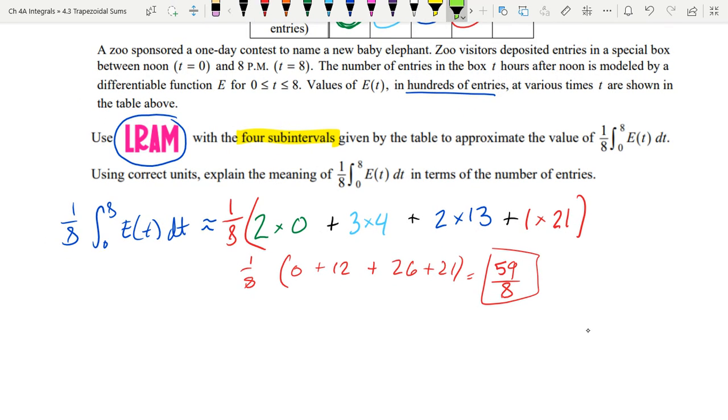With correct units, explain the meaning of that. So 1/8 integral from 0 to 8 of E of t dt is, what is that? What does that tell me here? What does this 1/8 in front of the integral tell you about the problem? This is the thing that matters more than anything else.